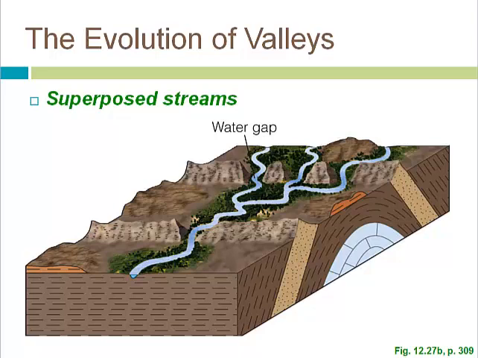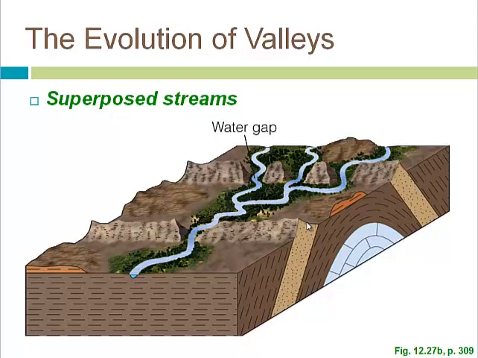That means rock types and things like that. As it erodes downward into the underlying rock, it still follows its old stream channel, even though those rocks aren't as easily eroded. They do affect the channel, but they still produce these very interesting open spots that seem to cut right through the mountains.